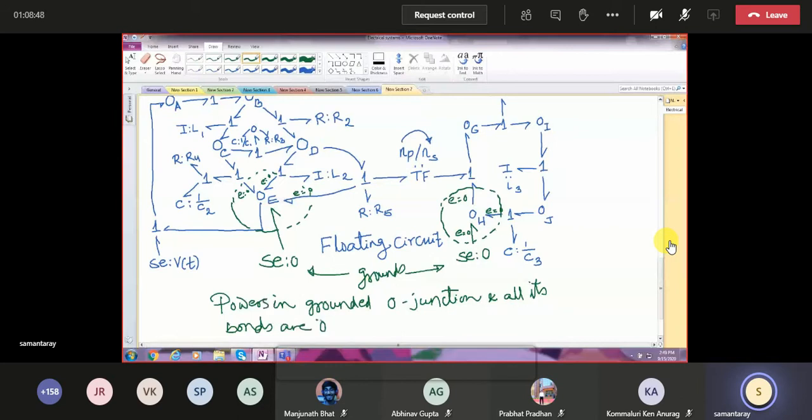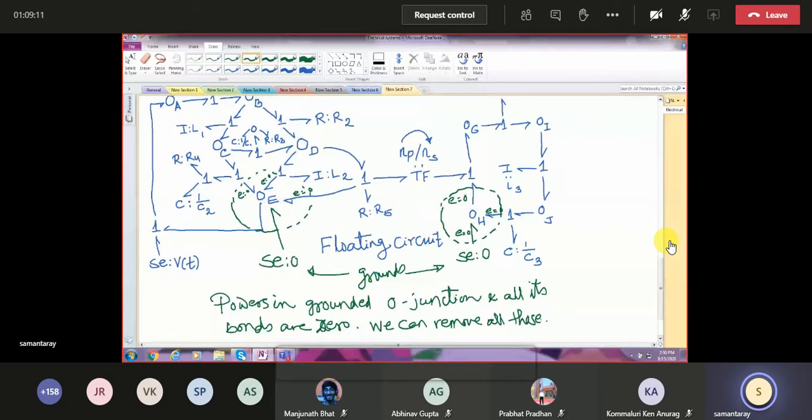So if a bond has 0 power, that means we can remove those, because power is transmitted through the bonds. If power is not there, there is no energy interaction. So we can remove that.